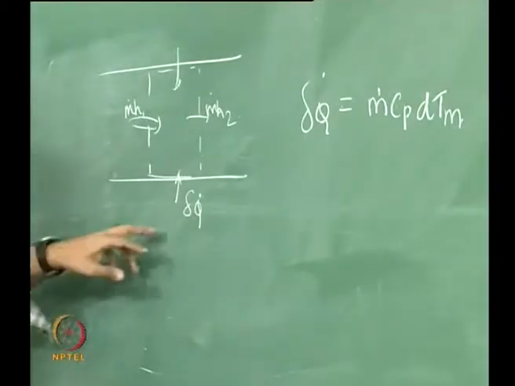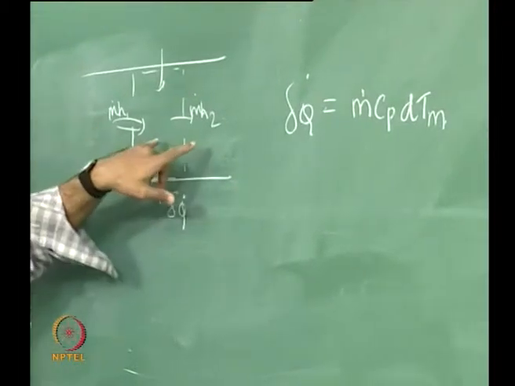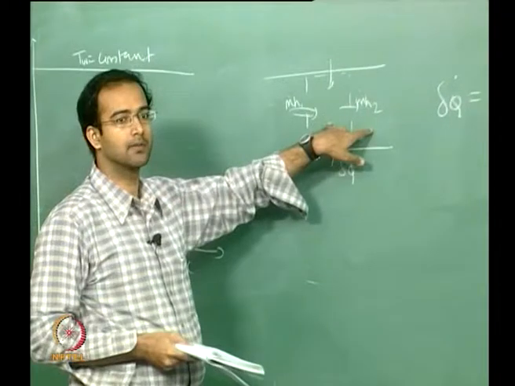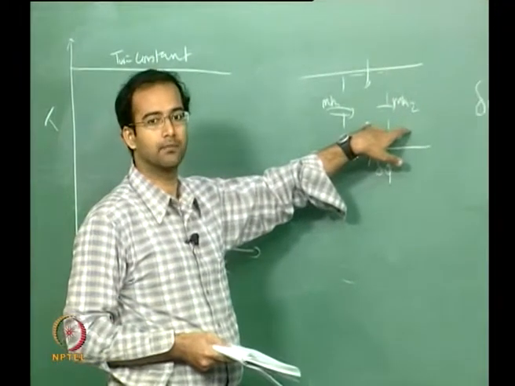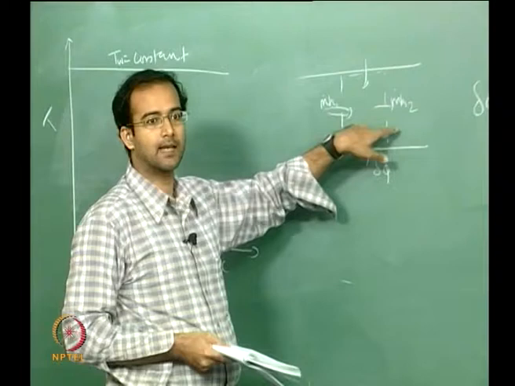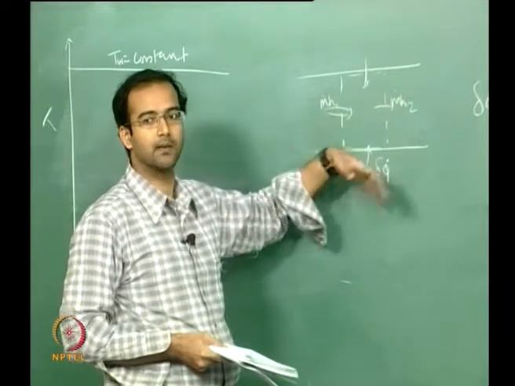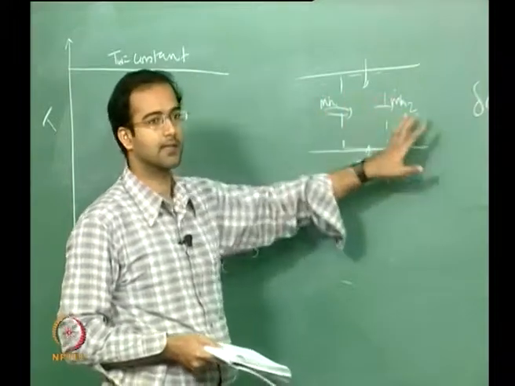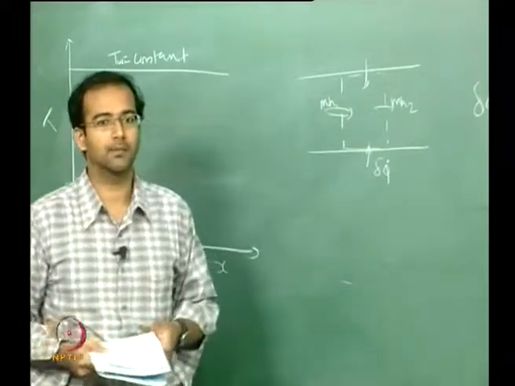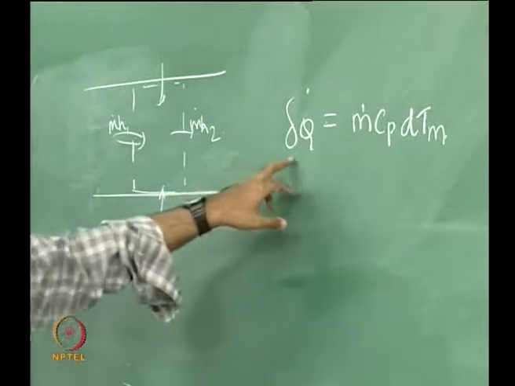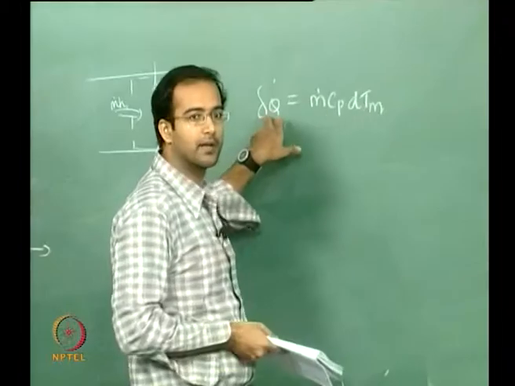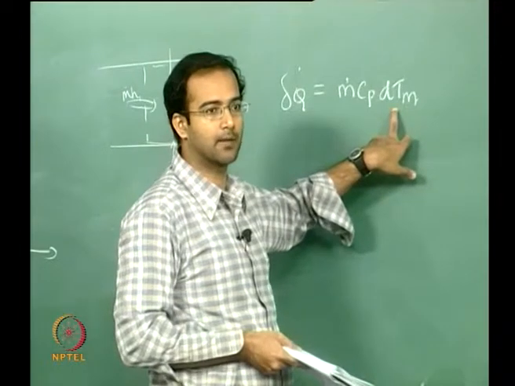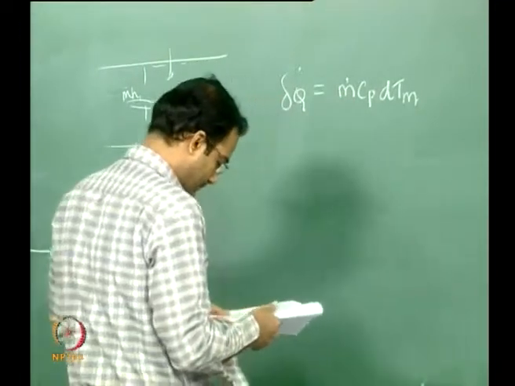That is, del Q is equal to m dot into dH, and dH corresponds to Cp into dTm, because this enthalpy is the mean or bulk mean enthalpy that I am talking about. For the given heat transfer, this is the corresponding change in the enthalpy of the fluid, and I can relate my differential amount of heat input to the change in the mean temperature corresponding to the change in the enthalpy. This is the starting point of the energy balance.